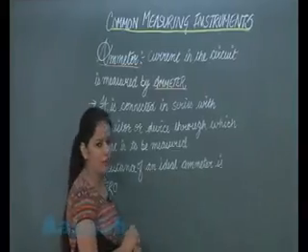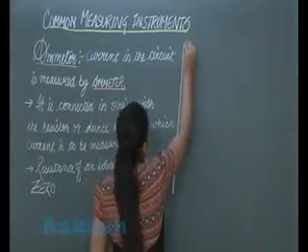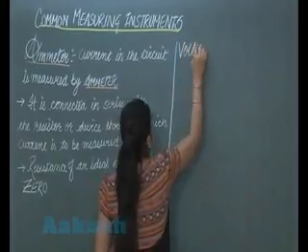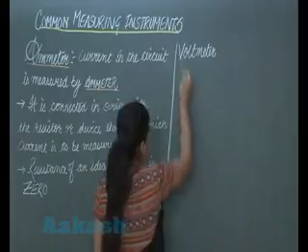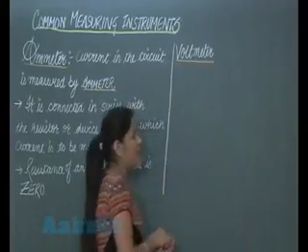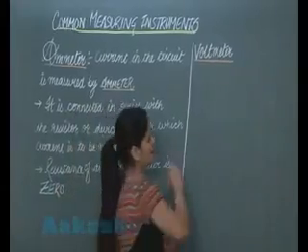Now student, let's talk about the voltmeter. Student, a voltmeter is used to measure voltage in an electric circuit.